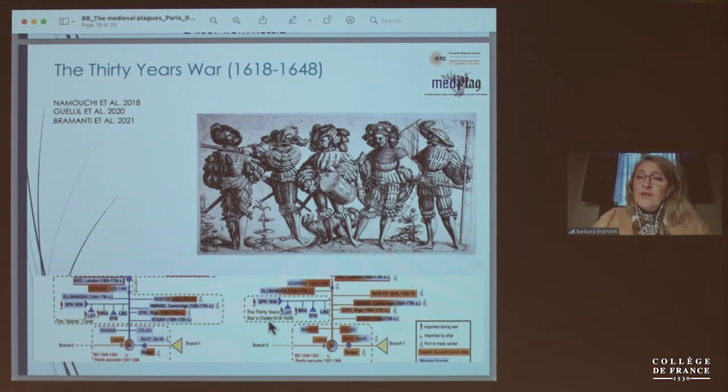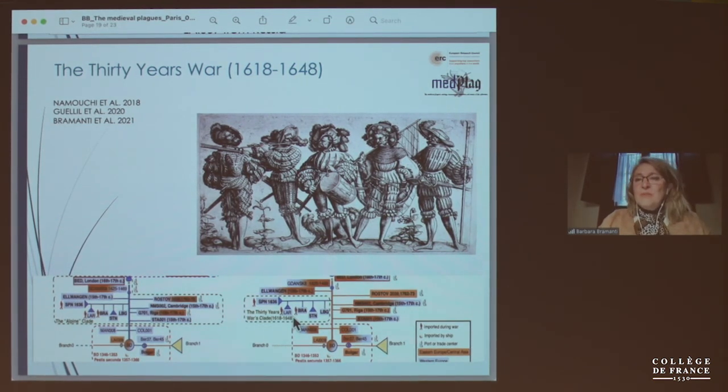We know very well that they were of the period of the Thirty Years' War, and in some cases there are also some soldiers of this period. And you know that it was a great period of trade, travel of troops or soldiers everywhere, and they take with them not only plague but also other epidemics.